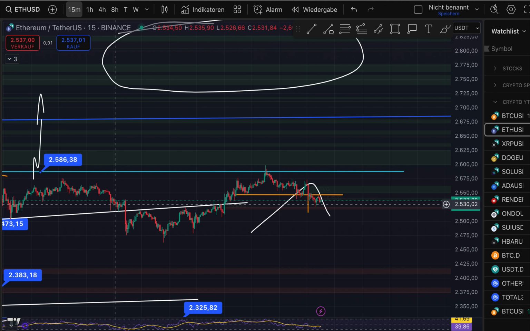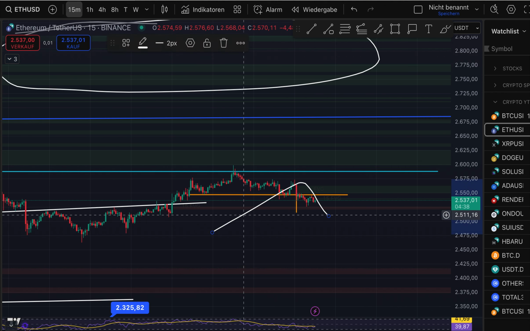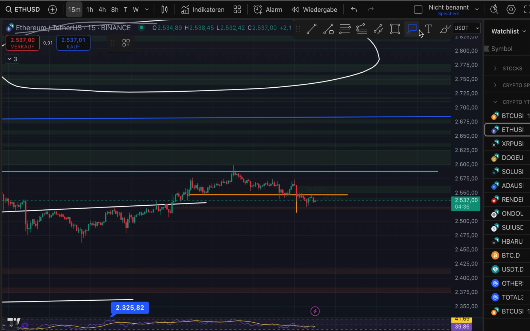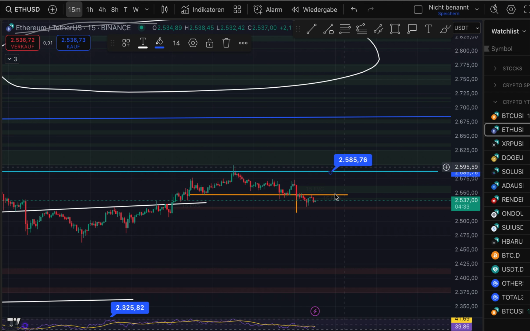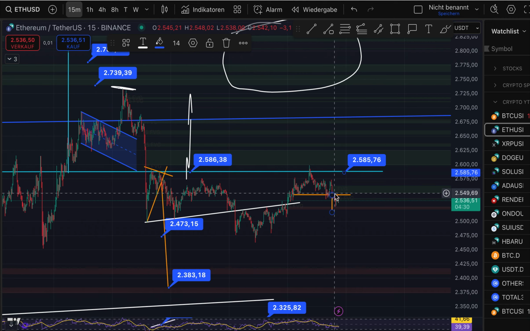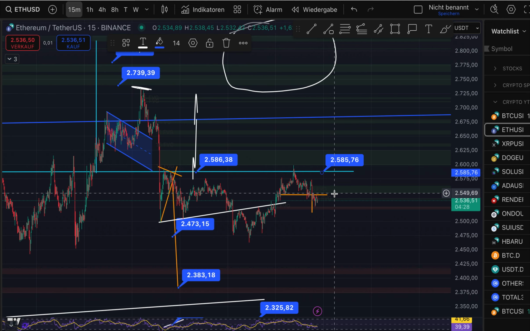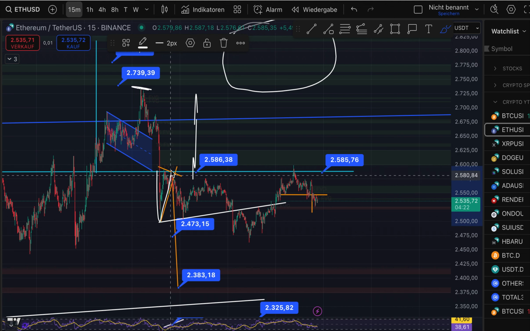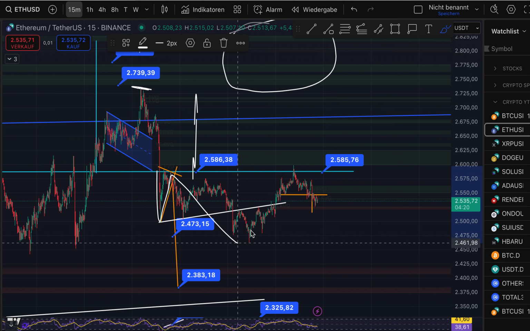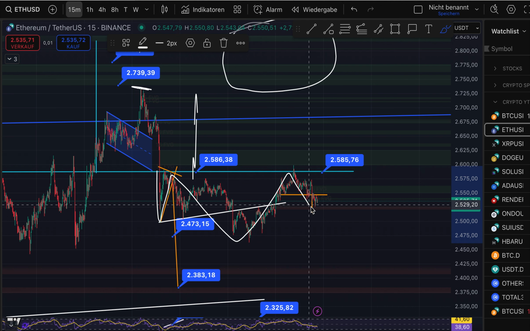To know if we are bearish or bullish, we have to see the price mark of 2,585 US dollar breaking to the upside. Then I would even say that this here might be an inverted head and shoulders formation.